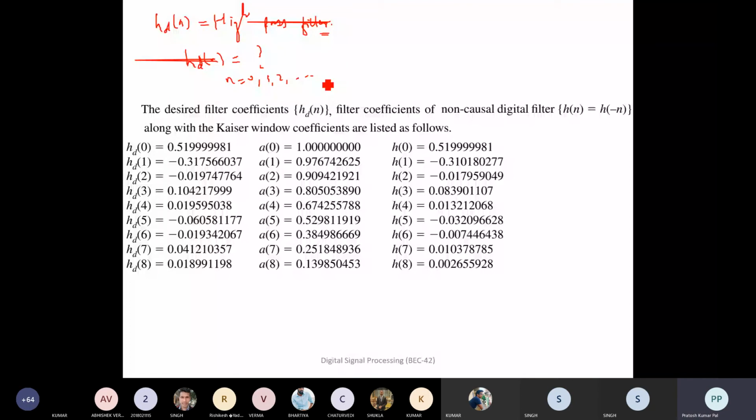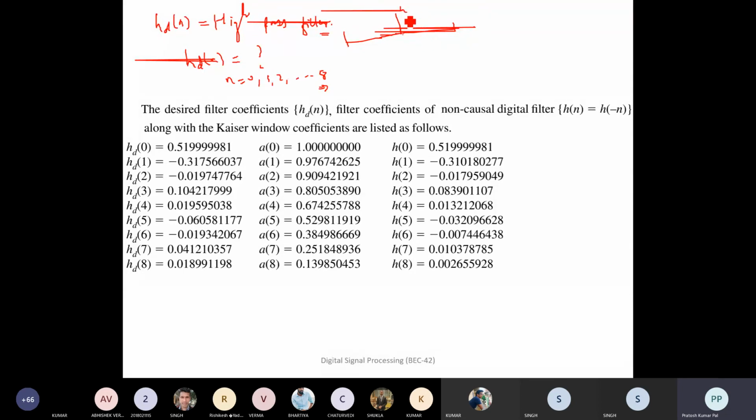So 0 to 1 to up to 8, that is a total of 9 values, and together with the center that is 19 values. So 9 values will be there in the positive direction, and similarly in the negative direction, so the total values come out. That will be the representation.